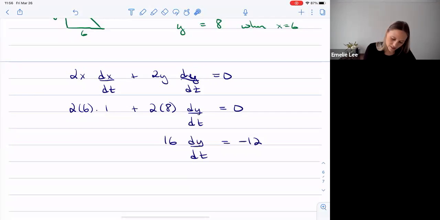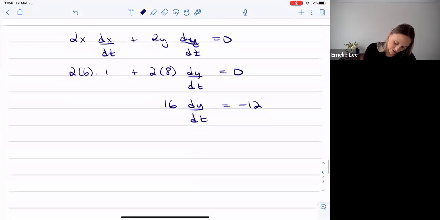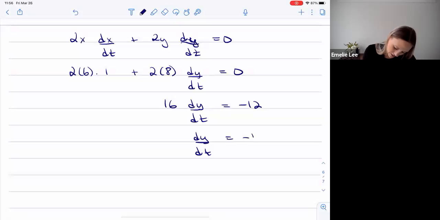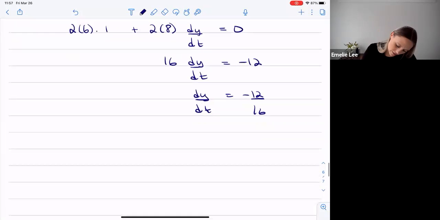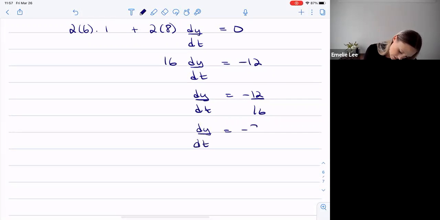So solving for dy/dt here, I divide both sides by 16, so I get dy/dt is negative 12 over 16. 12 over 16 simplifies to 3 over 4. So then dy/dt is negative 3 over 4.